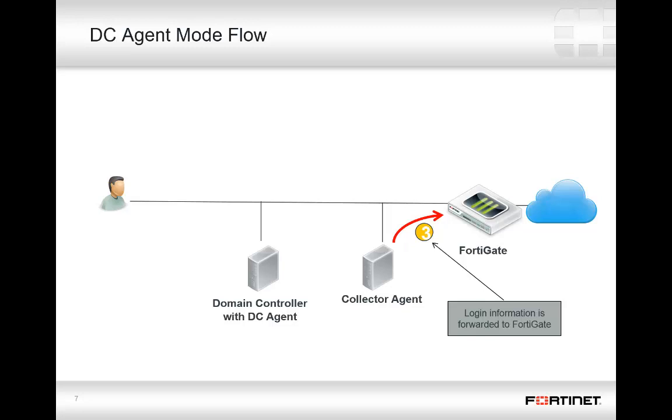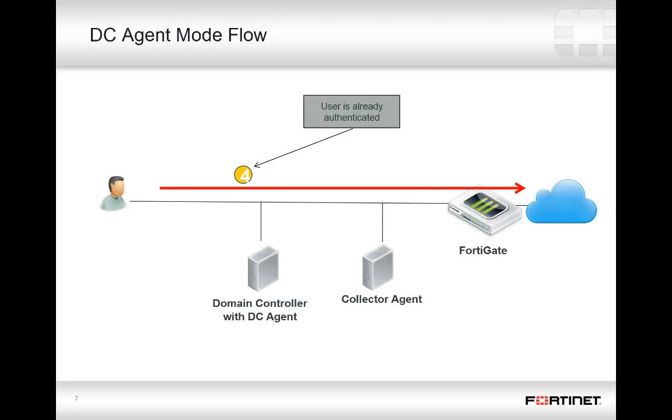The information sent by the collector agent contains the username, hostname, IP address, and user groups. Now FortiGate knows who the user is at that IP address and which Active Directory group permissions also apply. So it can begin to apply the person's corresponding access permissions to various hosts and networks.